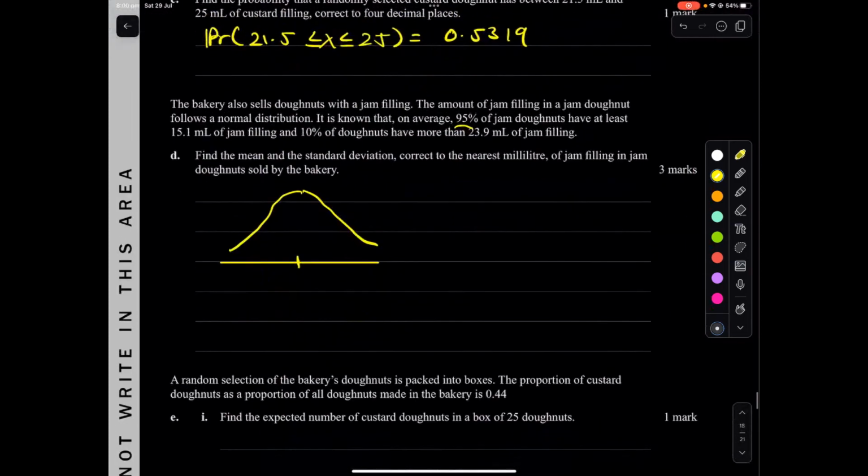Okay, let's say this value over here is 15.1, and we know that 95% have at least that, so this all over is 0.95, and 10% of the donuts have more than 23.9, so somewhere around here we have 0.1.